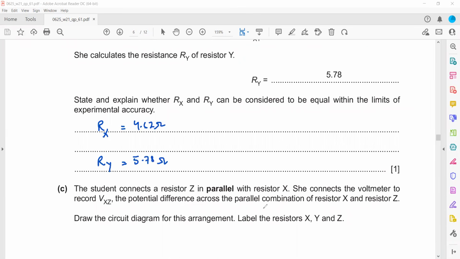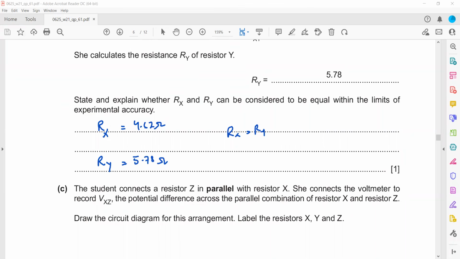Can I say that these two resistors are equal? Can I say Rx is equal to Ry? We cannot say, because 4.62 is not equal to 5.78.